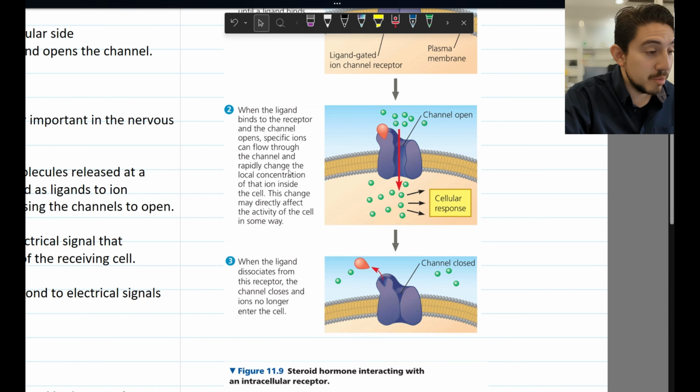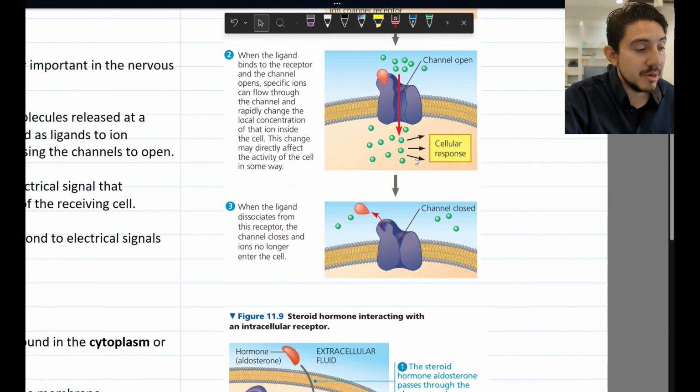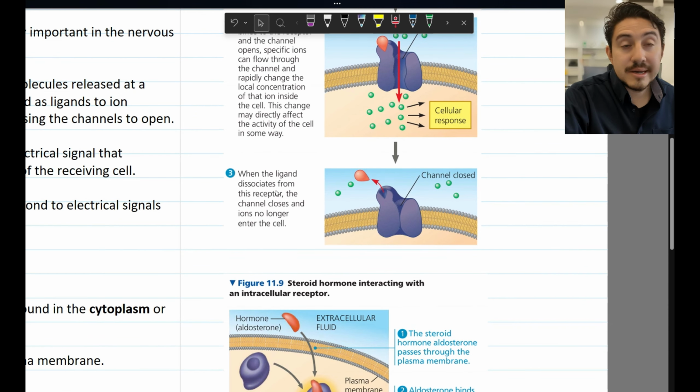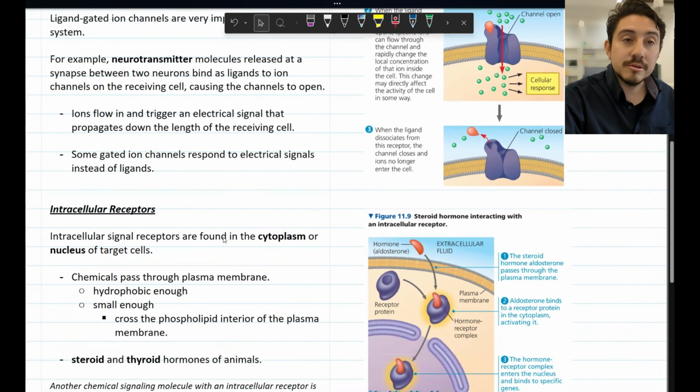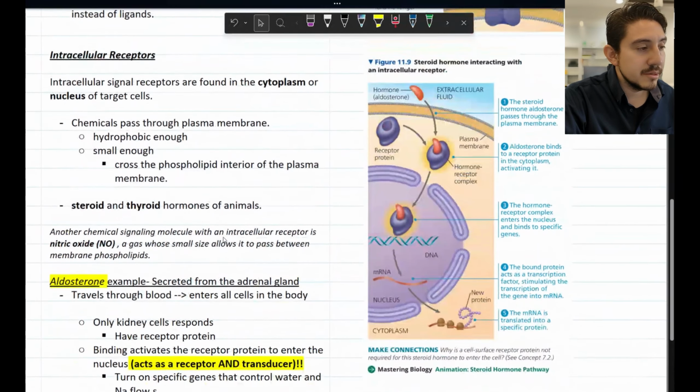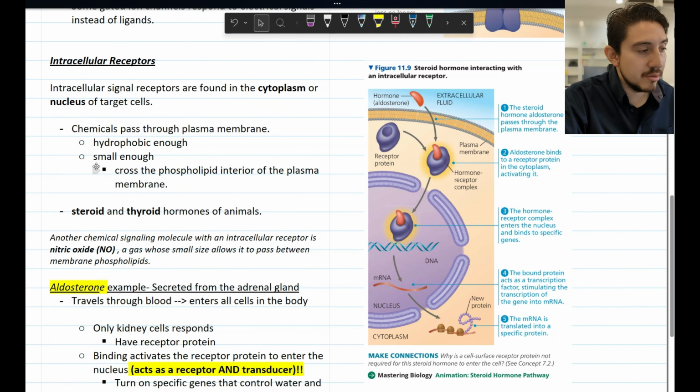In this case, it has opened. So specific ions can flow through the channel and rapidly change the concentration of that particular ion, activating a signal response in some cases. When the ligand dissociates from the receptor, the channel closes and no more ions can come inside. Again, this is ion channel receptors.